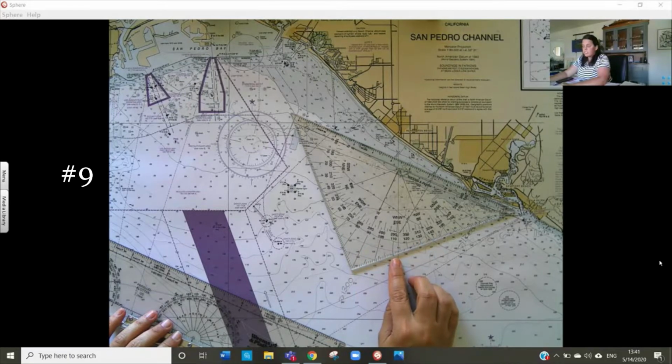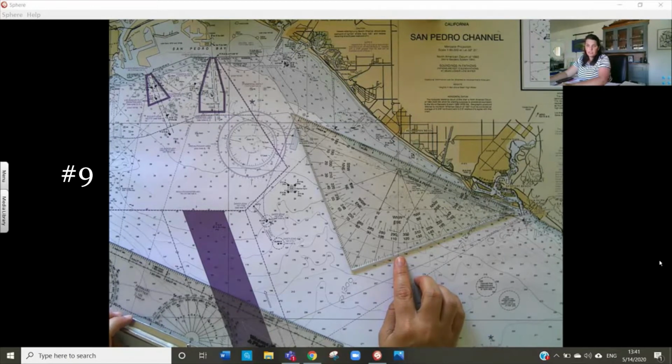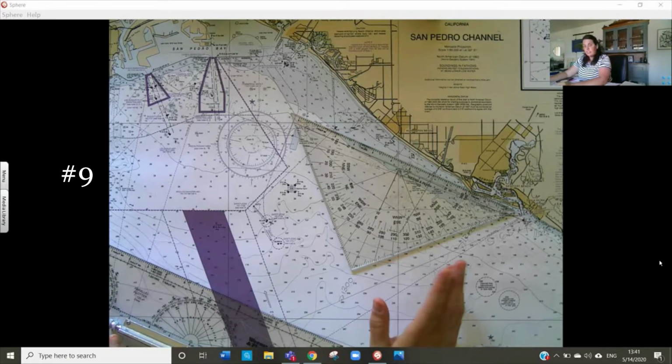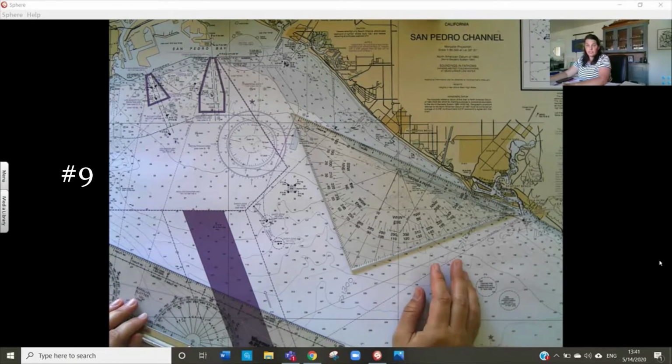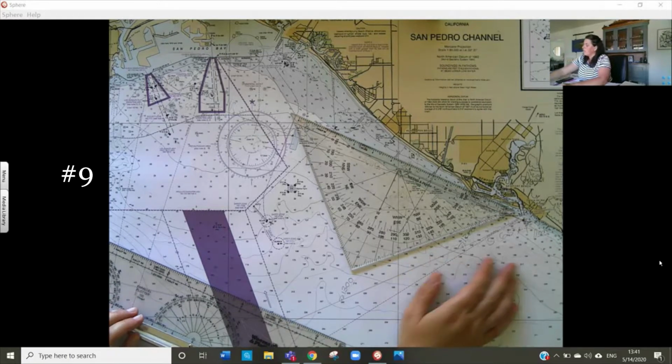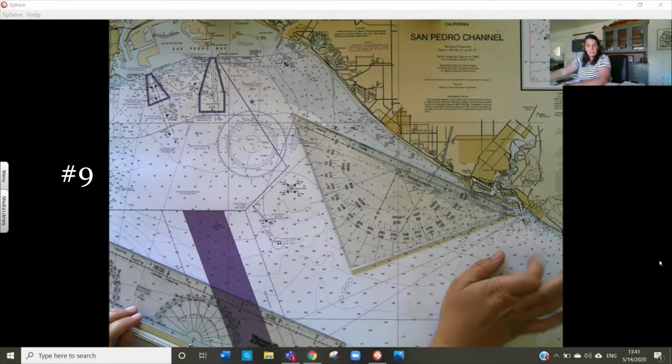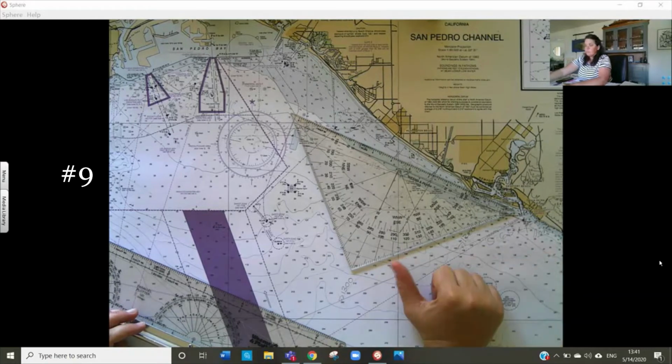This is 110, 120, so I get my new reading to be 114 degrees. So I'm steering further to the right, but that's just to get to the buoy. So my new reading is 114.